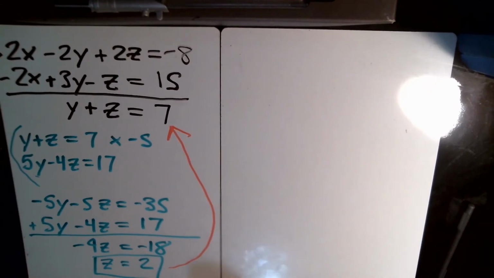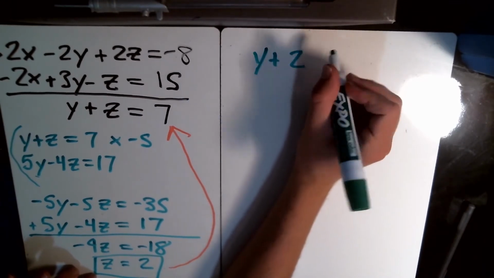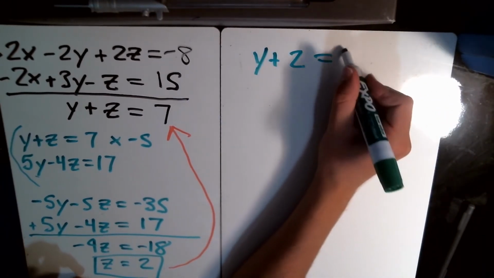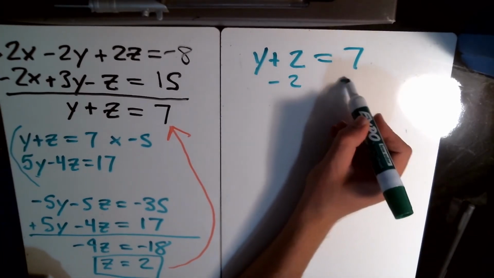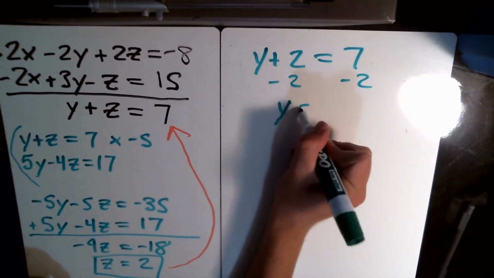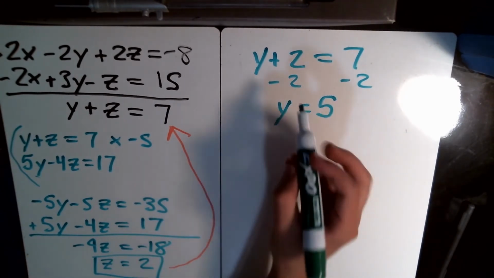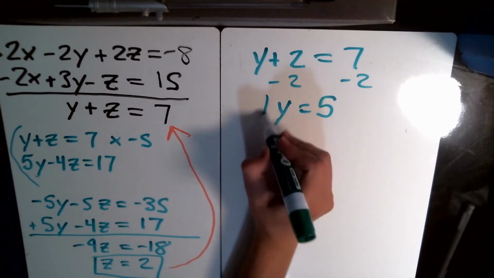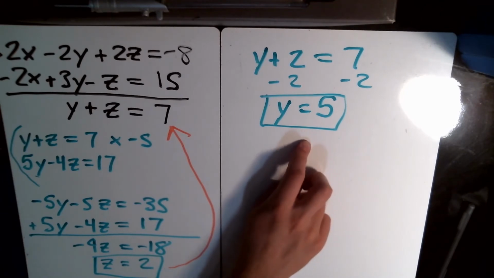Plug that back in. So z equals 2, so we get y plus 2 is equal to 7. So then to solve for y, we just subtract 2 on both sides. So we get y is 5. Okay? And now that we have both y and z, I just need to find x.